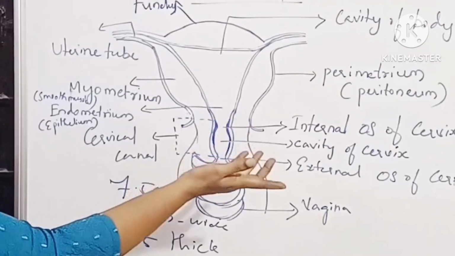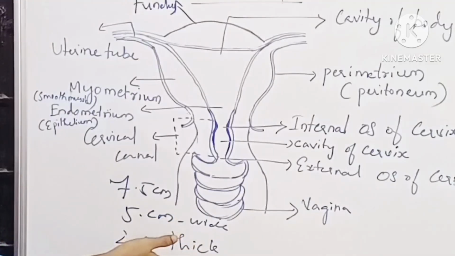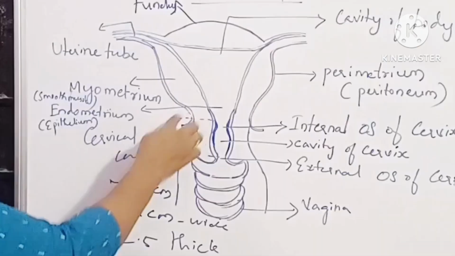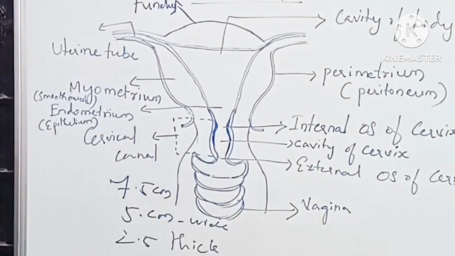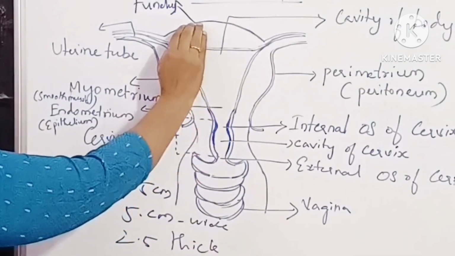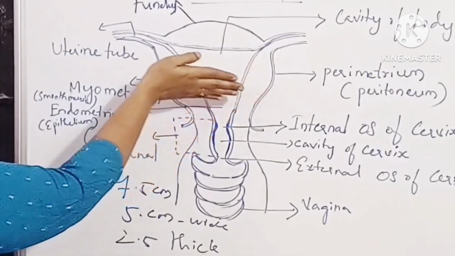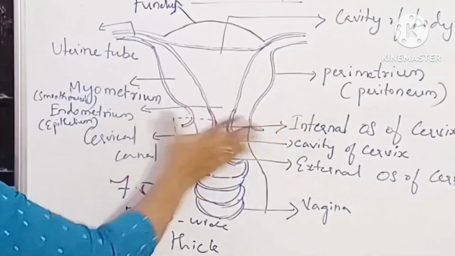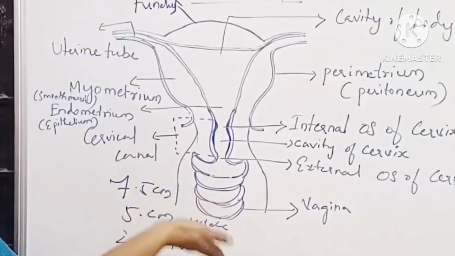The perimetrium or peritoneum is distributed differently on the various surfaces of the uterus. Anteriorly, it extends over the fundus. Anteriorly means front, posterior means backside, lateral means sideways, superior means upper, inferior means lower.